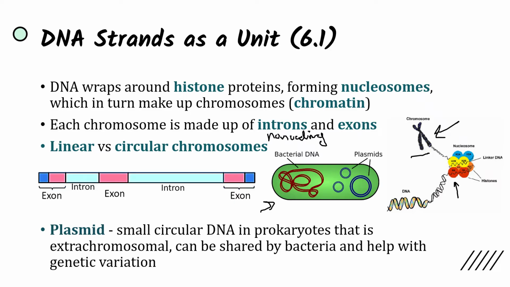Lastly, we got to talk about plasmids, which are small circular pieces of DNA in prokaryotes that are extrachromosomal, meaning they don't come from the main circular chromosome of the prokaryote. And so what these plasmids can do is they can be incorporated into the overall bacterial DNA, and they can introduce genes into that DNA. And we'll discuss the uses of this further on in the video.